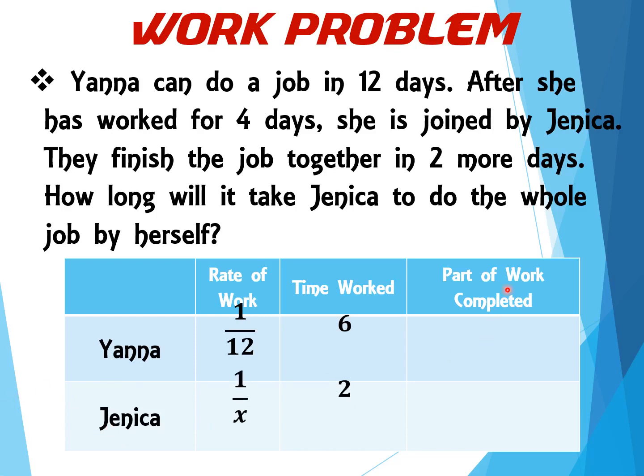Okay, and then work is simply rate times time, so we have 1 over 12 times 6, that will give us 6 over 12 or 1/2, and then this will be 2 over x. The rate is always a fractional part since this is a work problem. Whatever part Yana finished in a certain job added to the part finished by Jenica, that will only be equal to the whole job. Okay?